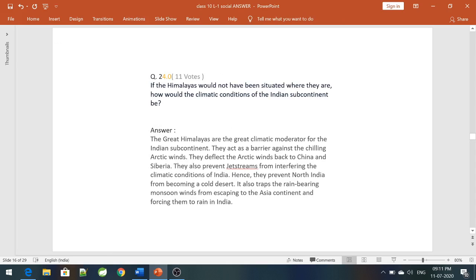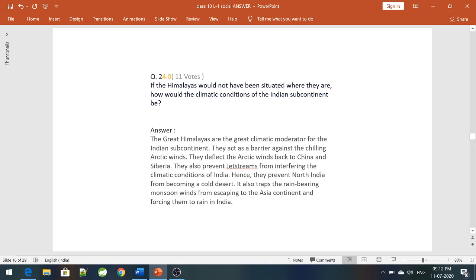If the Himalayas were not situated where they are, how would the climatic condition of the Indian subcontinent be? The Great Himalayas are the great climatic moderator for the Indian subcontinent. They act as a barrier against the chilling Arctic winds from the north. They deflect the Arctic winds back to China and Siberia.